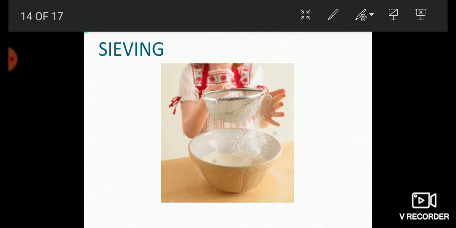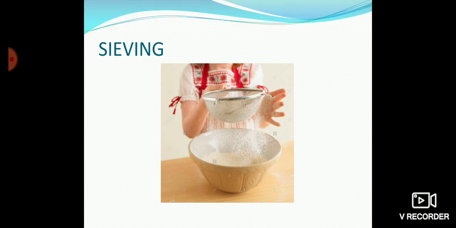Okay. Now the next method is sieving. You have seen your mother doing this almost every day before she makes chapati for you. So, sieving is a simple technique for separating particles of different sizes.